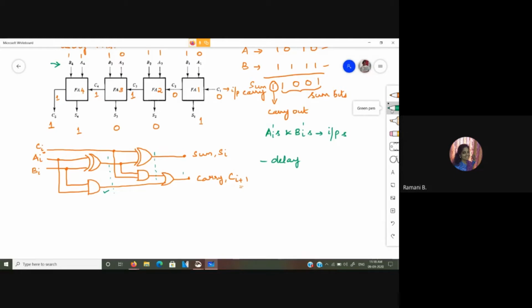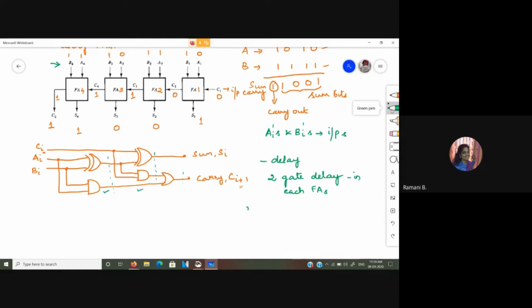And only with the final thing will you get the carry output, right? So each full adder has a 2-gate delay. As it is a 2-level structure, to get the final carry, there is a 2-gate delay in each full adder.